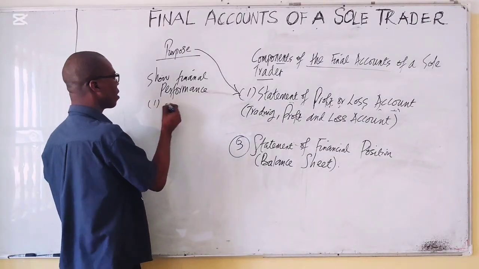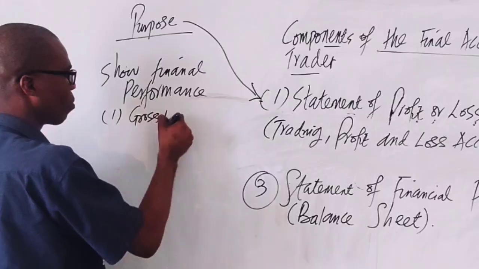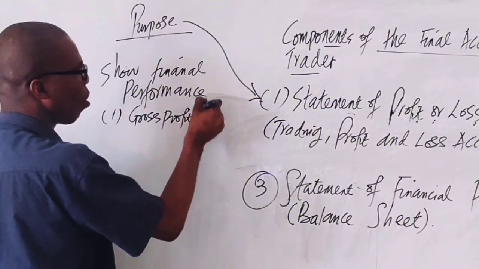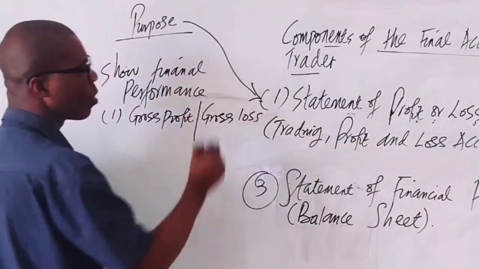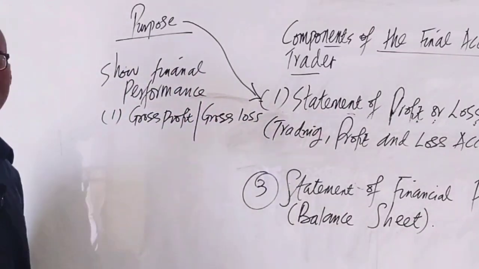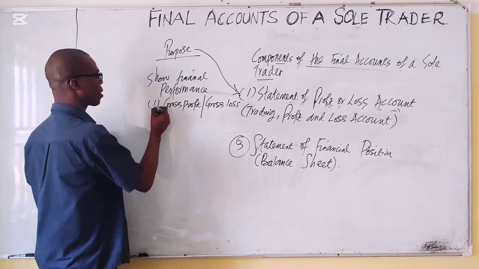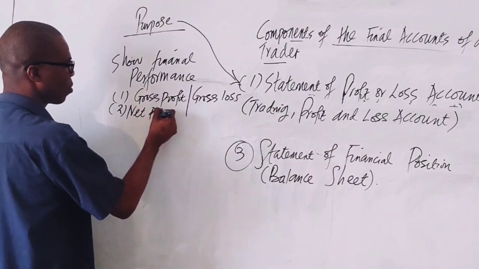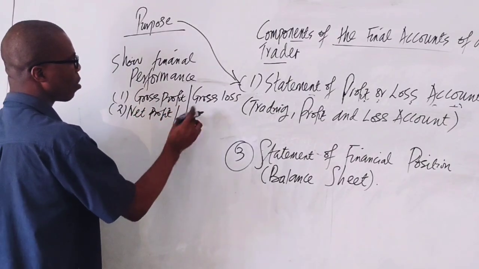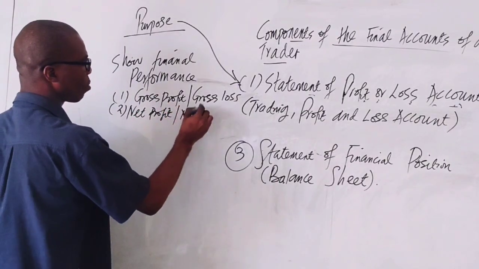You ascertain the gross profit or gross loss. Then you also ascertain the net profit or the net loss.